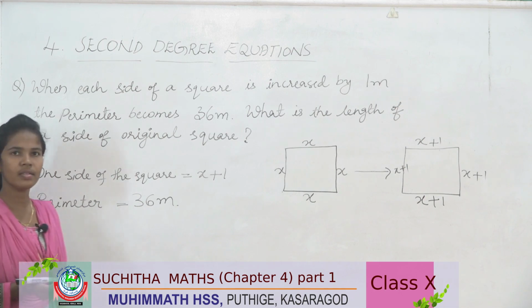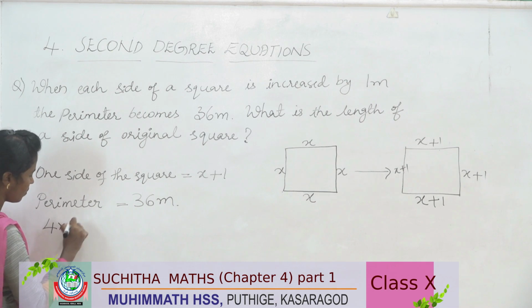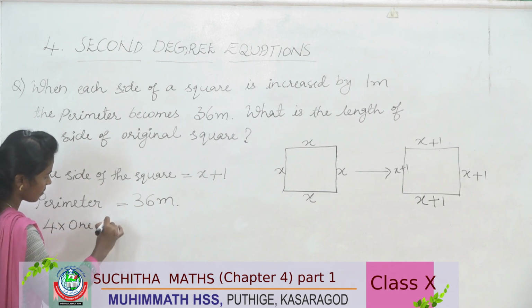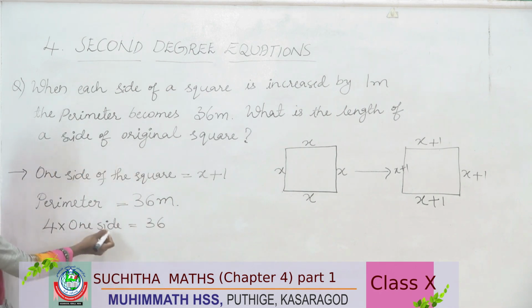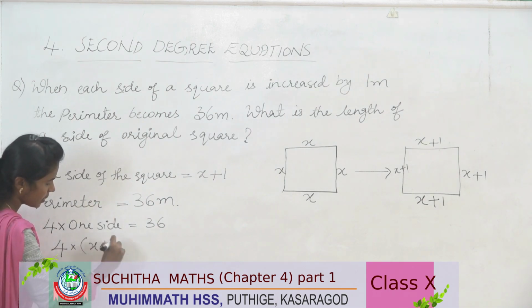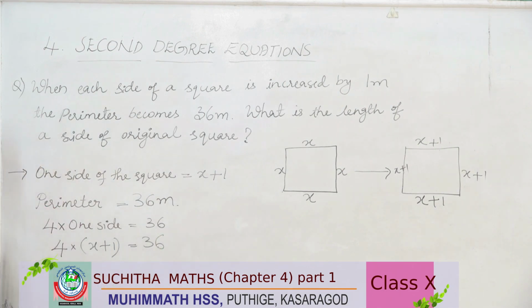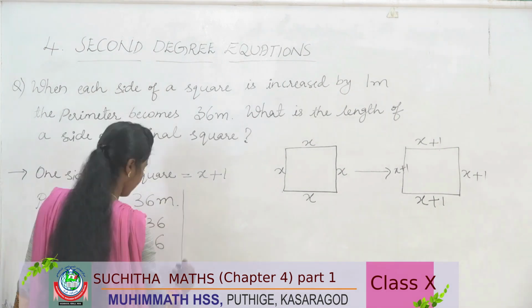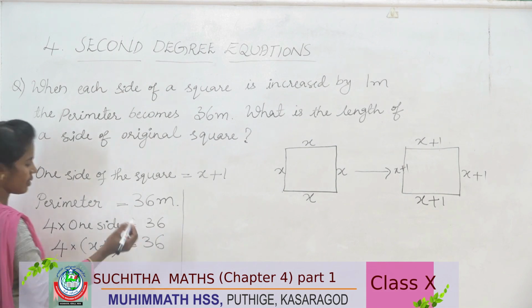Perimeter of the square is 4 into one side. That is 4 into one side equal to 36. Here one side is x plus 1. That is 4 into x plus 1 equal to 36. Now shift this 4 to the right side.